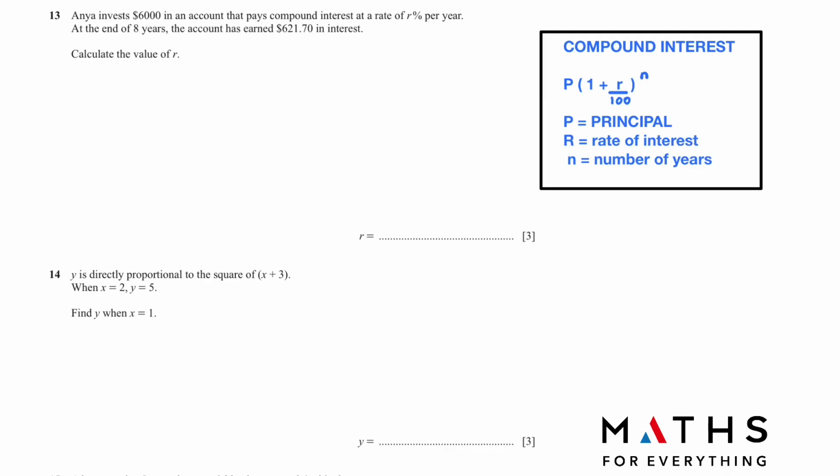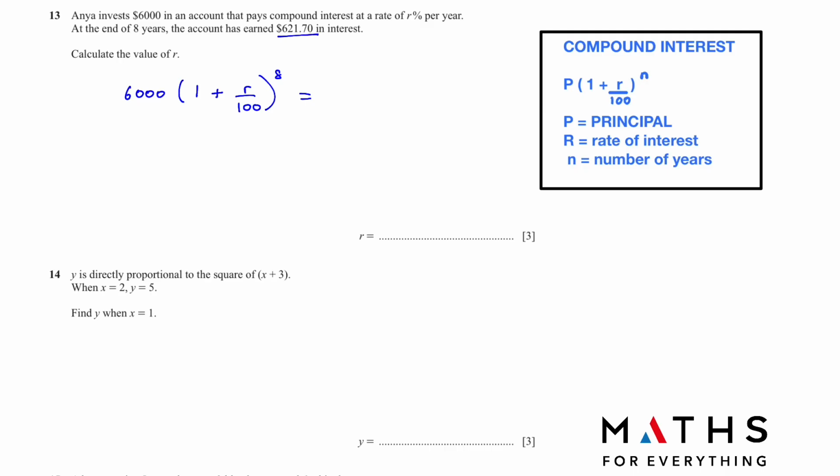So the starting amount is 6,000, and 1 plus R over 100 to the power of n. N is 8. This will give me the final amount with the interest.